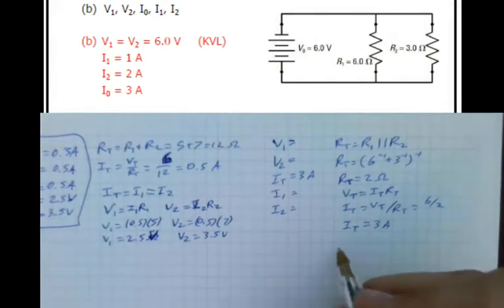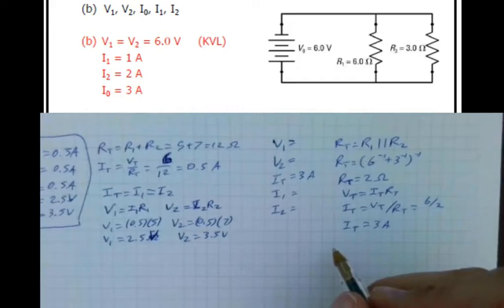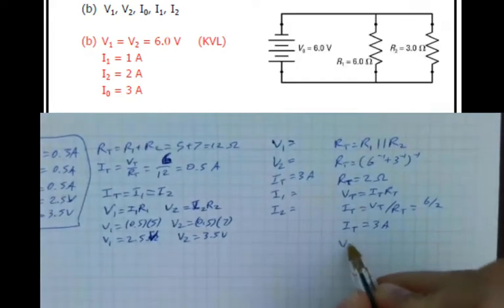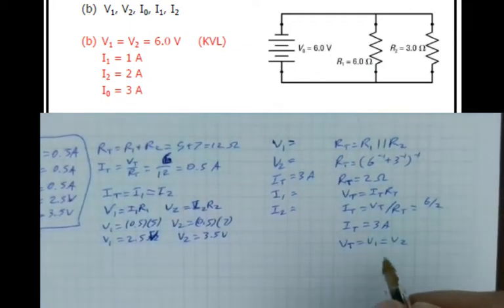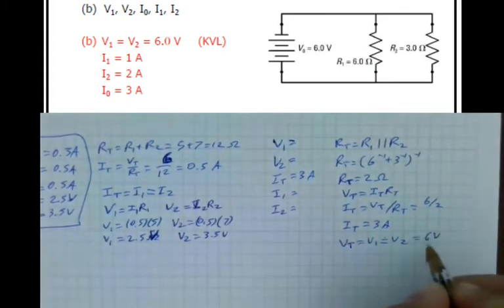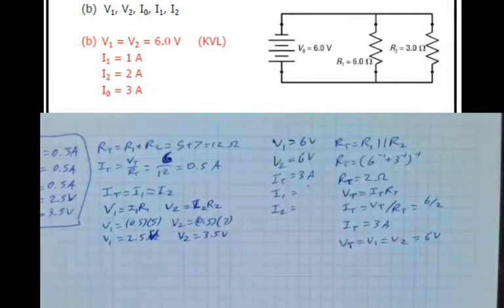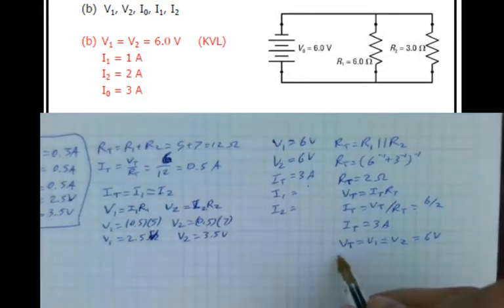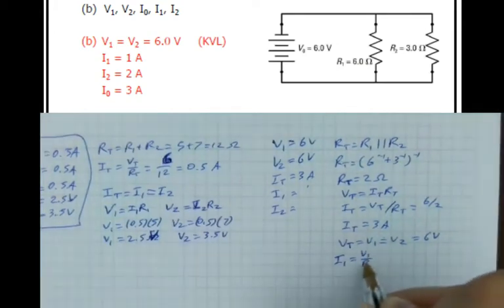But actually we didn't have to find the equivalent resistance, because we could have solved this using Kirchhoff's voltage law. Just looking at it here, VT is equal to V1, which equals V2. I just looked at it again and noticed that. That means that each of those are equal to 6 volts. So if I know that that's 6 and 6, I can find the current through each. I1 equals V1 over R1.